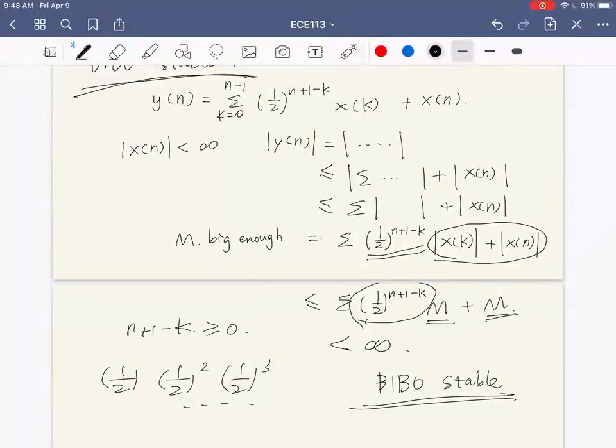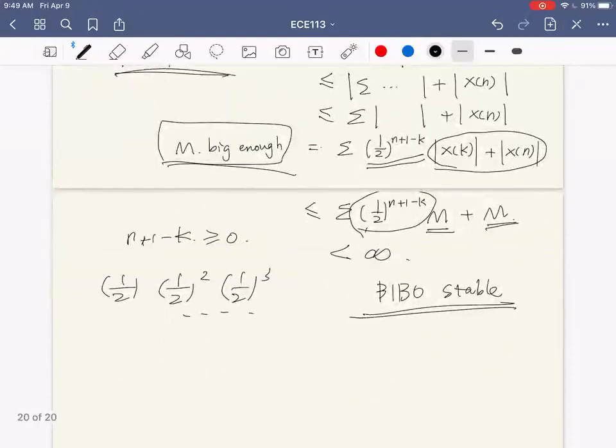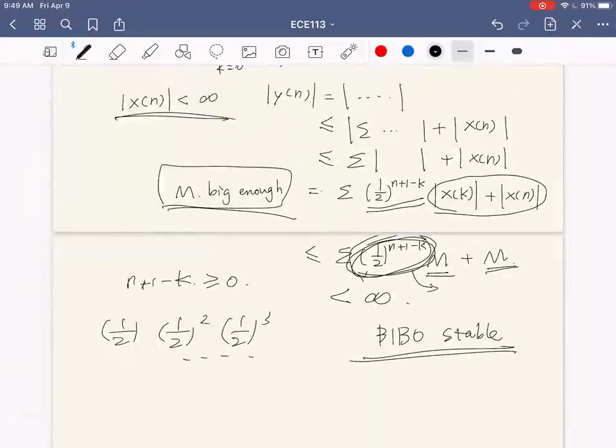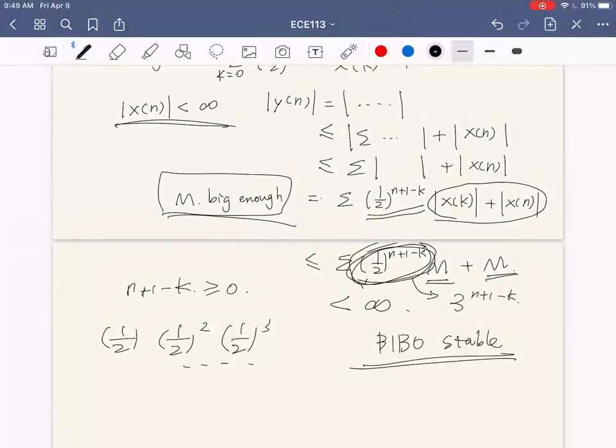Yeah, I got it. But we can only say that we can find a large enough number when we know that it is finite. So if it itself is not finite, we cannot say that we can get a big enough number. So about the counterexample, I think of 1. We see that there is another component here, right? If it is not 1/2, if it is like 3 to the power n plus 1 minus k, it will go to infinity if we continuously increase the n.